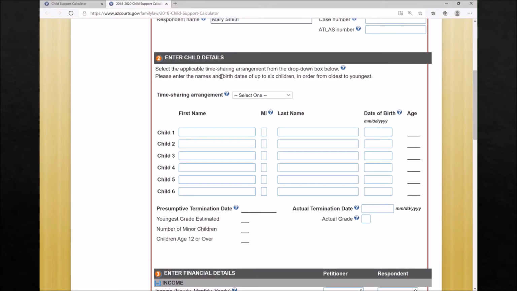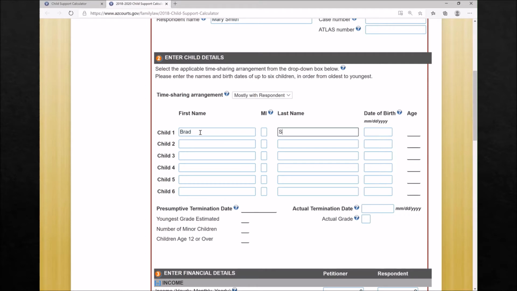And we enter the applicable time sharing arrangement from the drop down box below, which means that we basically say that the child lives with a certain parent most of the time. Let's just assume that the child lives with the respondent most of the time, with the mother. Let's enter the name of the child.